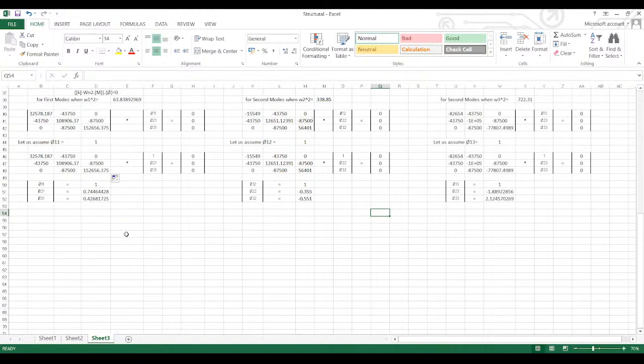Here we have got the modal matrix, that is phi.